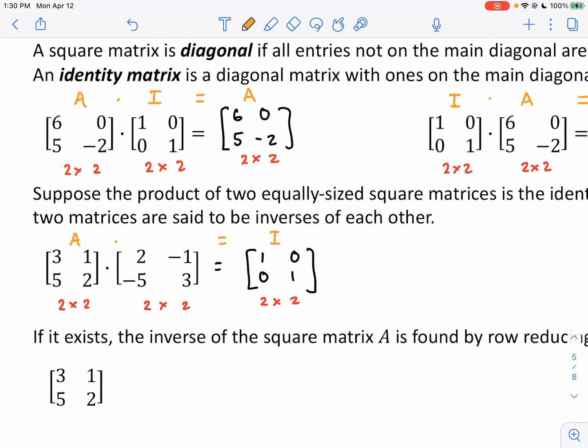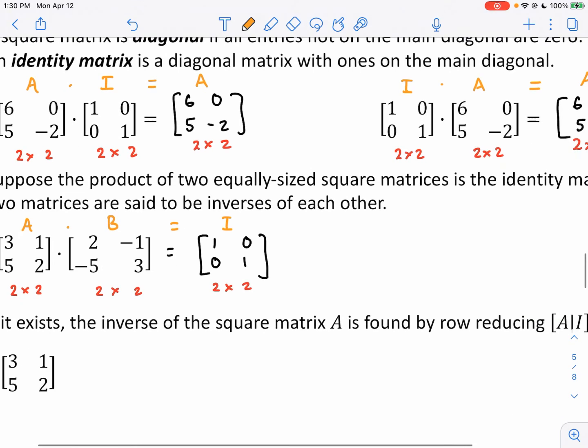Or if you call this matrix here B, if ever you get A times B is equal to I, and A and B are square and equally sized, then we can say that B is equal to A inverse, or we can say that A is equal to B inverse.